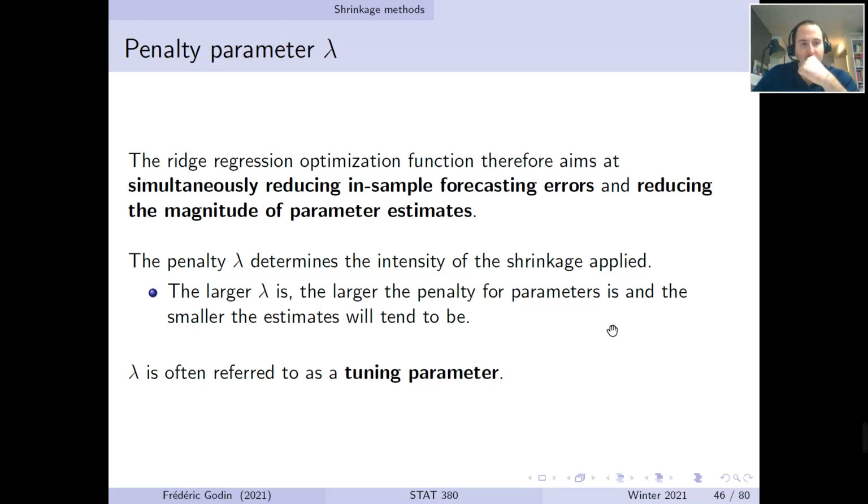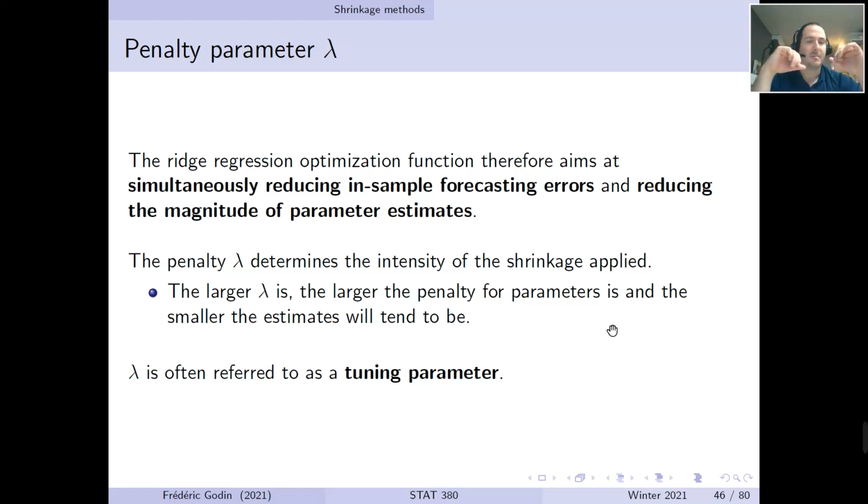So we saw that the ridge regression objective function that is minimized offers a trade-off between accuracy and parsimony. The first term, the sum of squared prediction errors, tends to favor more accuracy, because to reduce this term you need more accurate predictions. Whereas the second term reduces the magnitude of parameters so as to provide less variance.